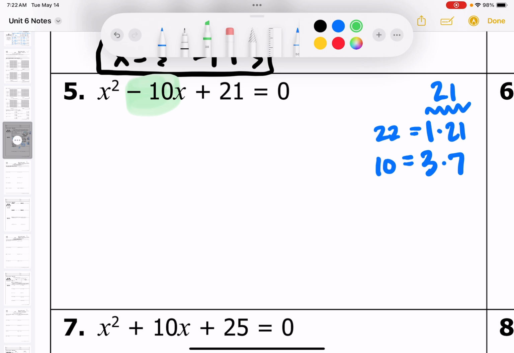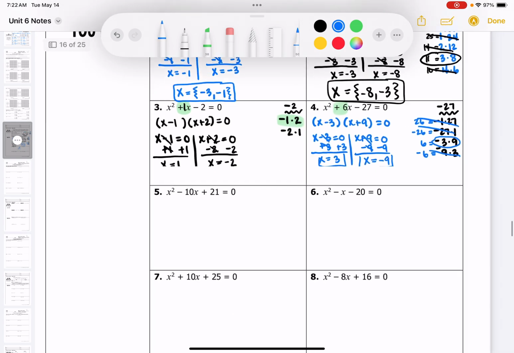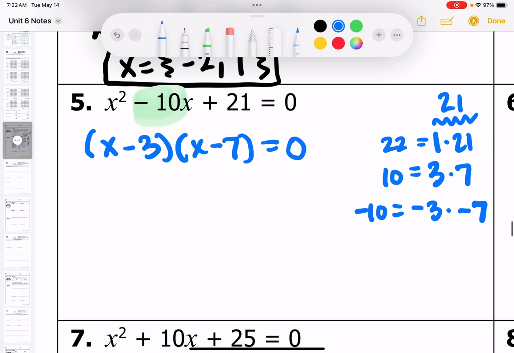All right, so this one is kind of weird because we want to multiply to get a positive number but add to get a negative number. So you have to remember that two negatives multiplied together also make a positive number. So I could also say -3 and -7 multiplied together will give me that positive 21. And then when I add those together, I get -10. So in this case, both of our parentheses are going to have a negative number.